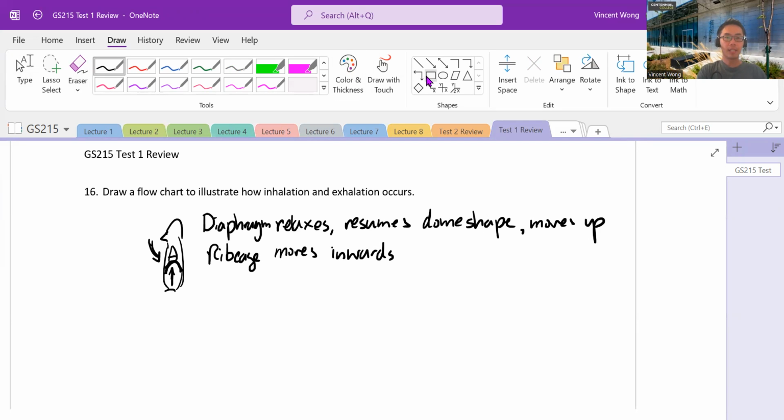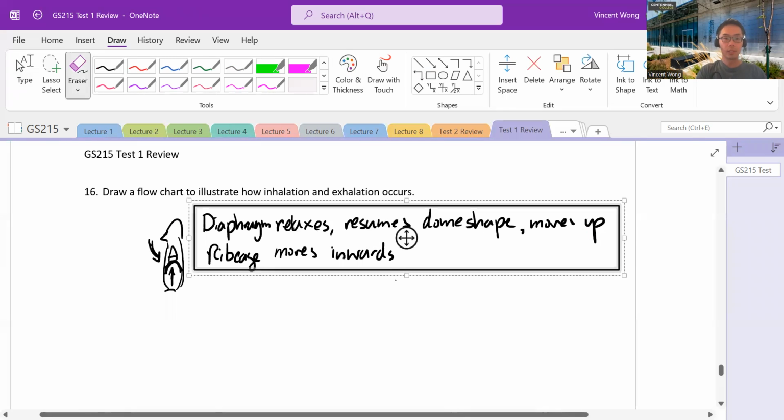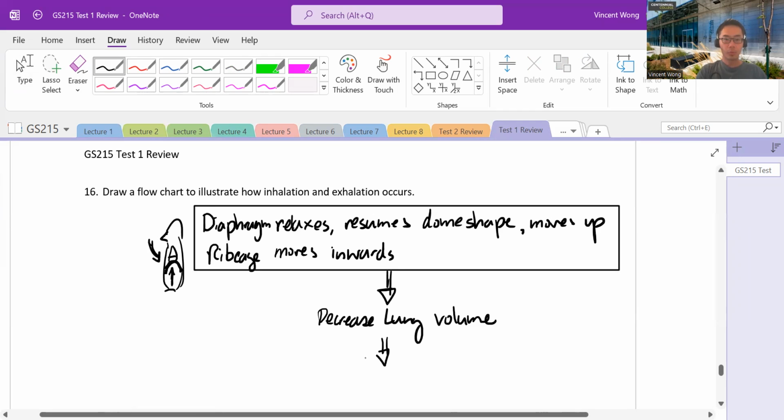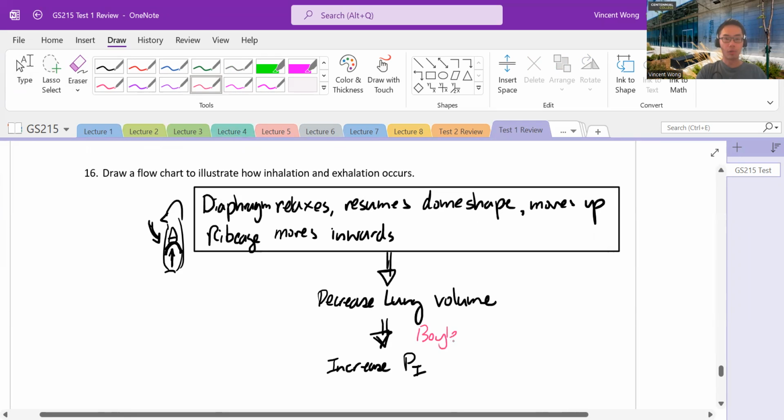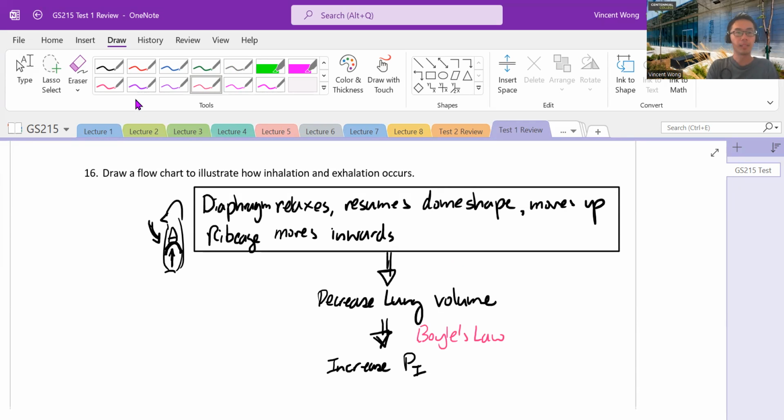So collectively, these actions will decrease lung volume, which would then increase pulmonary pressure. So this is Boyle's law, which states that at constant temperature, when volume goes up, pressure goes down, and when volume goes down, pressure goes up.